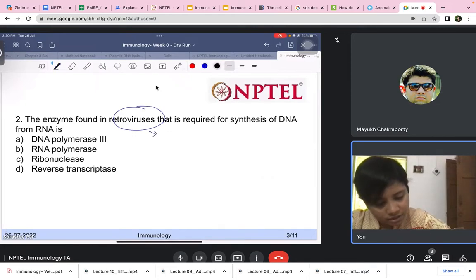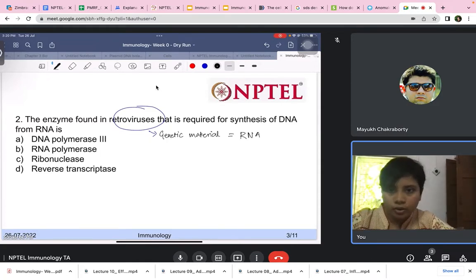The genetic material of retroviruses is RNA, or ribonucleic acid.